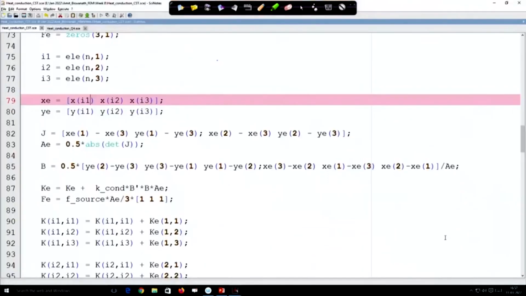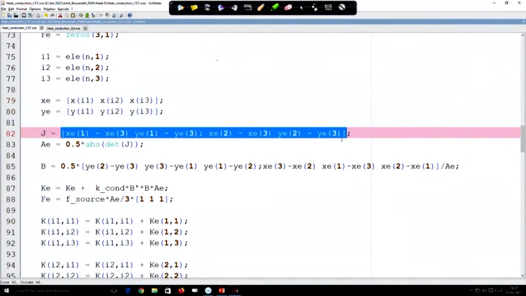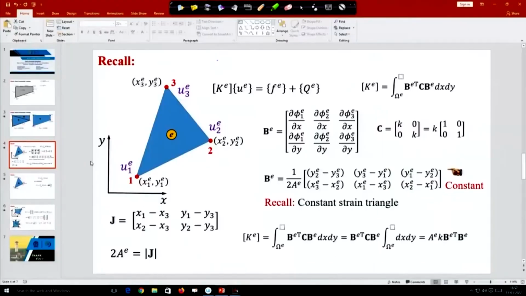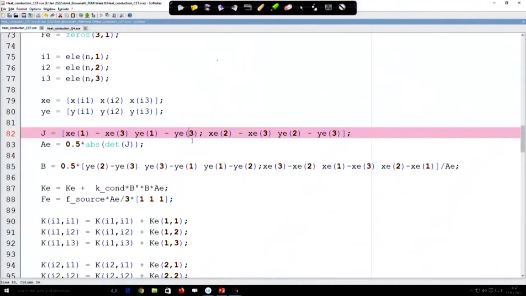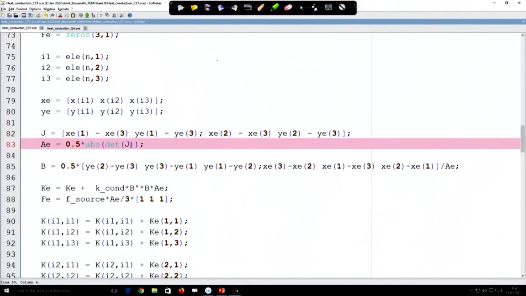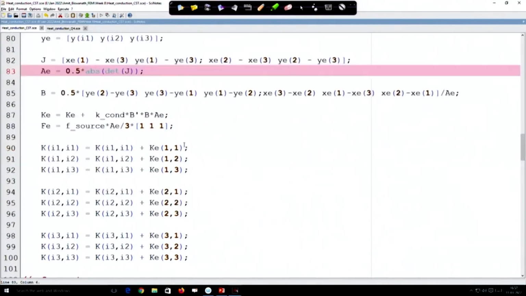Okay, so this is J using the same formula we already know, and the Jacobian is obtained by this, and the area and Jacobian are related like this. So this will give you the Jacobian, and the area will be half of the determinant of the Jacobian.